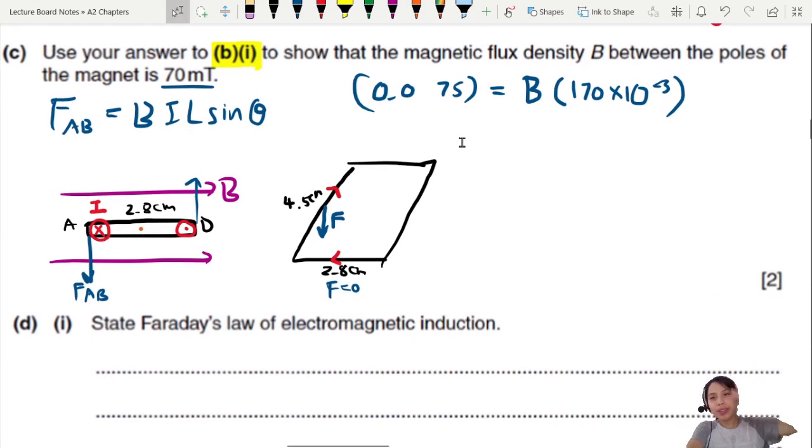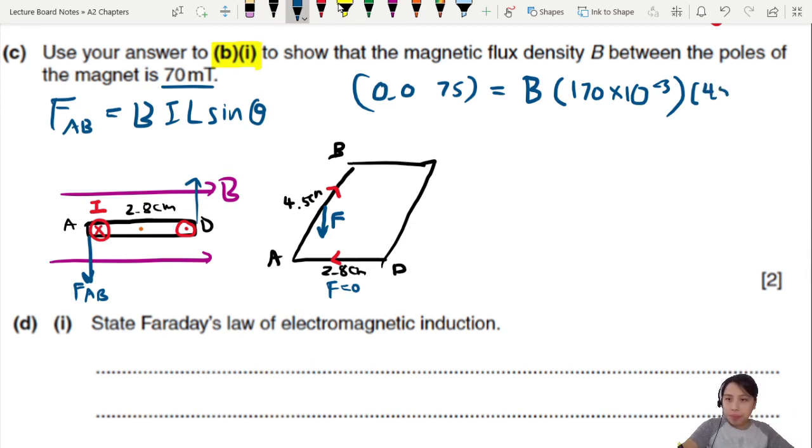Rewind back to your force on conductor from the previous chapter a bit. So the length here, we are using the 4.5 cm because that is the part where we are looking at. This is length AB, right? My diagram, yes, AB, force on AB. And that is what we're going to plug in here. So let's continue calculation. 4.5 times 10 negative 2.